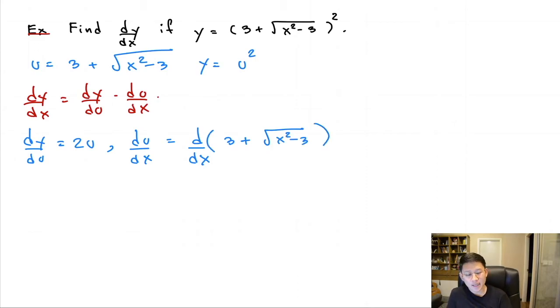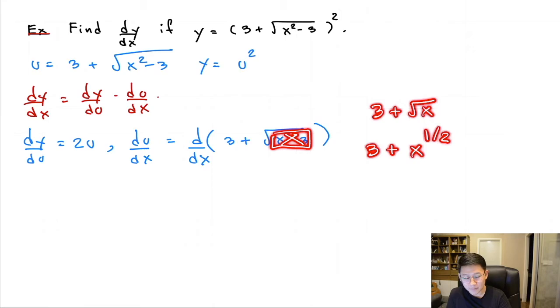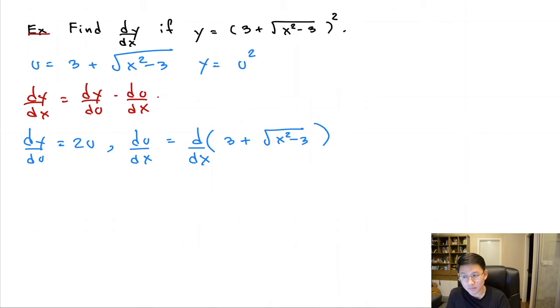But guys, again, we can't differentiate this function. But what we can differentiate is when this guy is just x. It's going to be 3 plus square root of x, which is 3 plus x to the power of 1/2. And the derivative of that would be 1/2 x to the power of minus 1/2, isn't it?